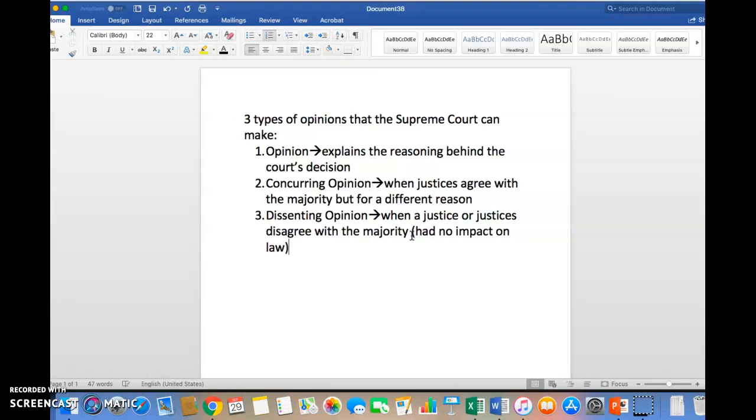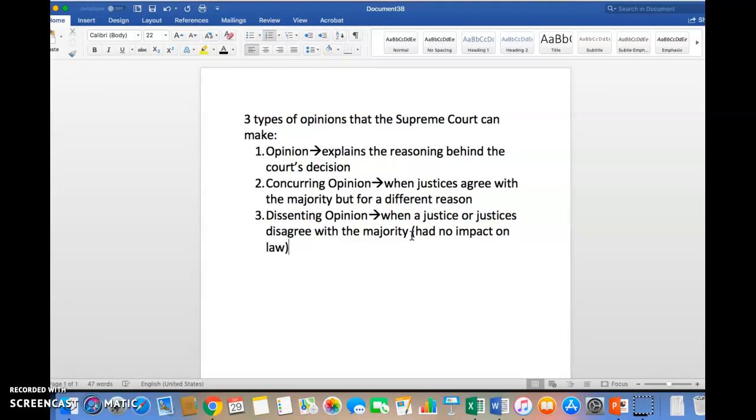And so you have a decision in the Supreme Court. There's 9 justices, so maybe it's 8-1, 7-2, 6-3, 5-4, whatever the case is. If you have a case where, let's say, it's 6-3, of those 3 justices that disagreed with the 6, one of them has to write a dissenting opinion.